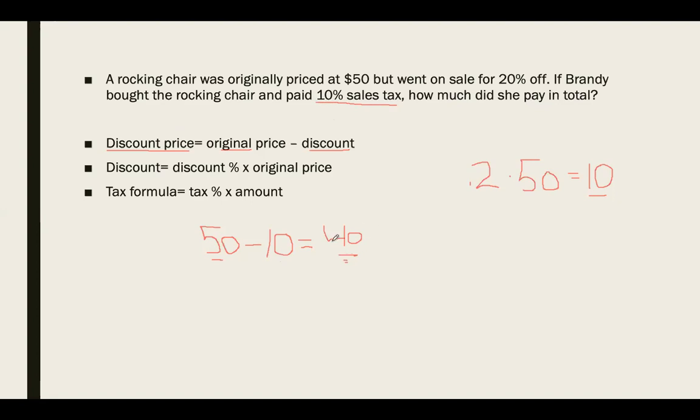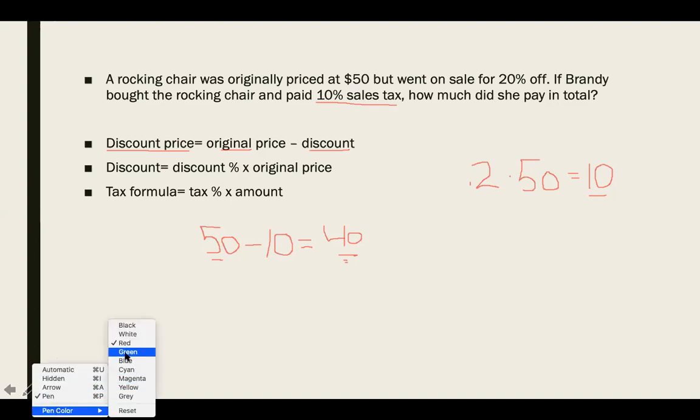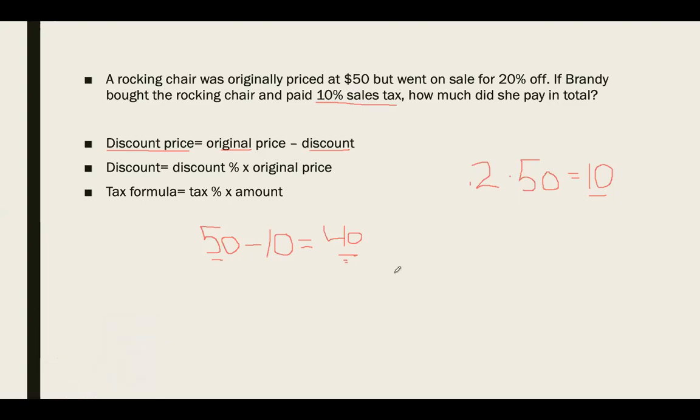So the $40 has a 10% sales tax. Now, if I get maybe a new color for the pen. Okay, let's do black now. So for the sales tax, we need to do 10% of the $40 because this is the discount price that Brandy is getting it for.